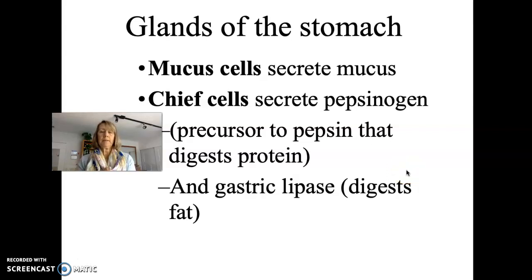And pepsin is important in the digestion of protein. 2 P's, pepsin, protein. Okay, that's how you're going to remember. Pepsinogen is just what gives origin to that pepsin. It also is going to release gastric lipase, so it's going to digest fat. Super important. And these are all in the walls of this pit.